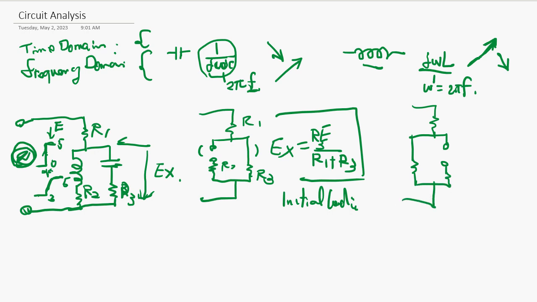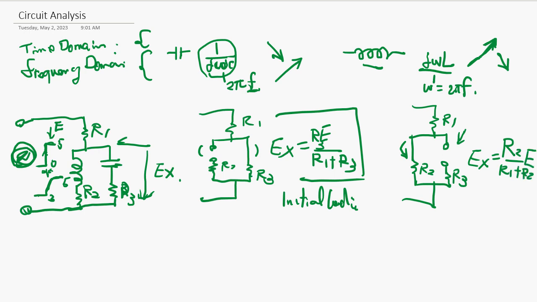The capacitance looks like an open circuit because the capacitor is charged up and it becomes like zero frequency, 1 over 0, infinite impedance. On the other hand, the inductance becomes a short circuit. So you can tell Ex is going to be R2 over R1 plus R2 times E.